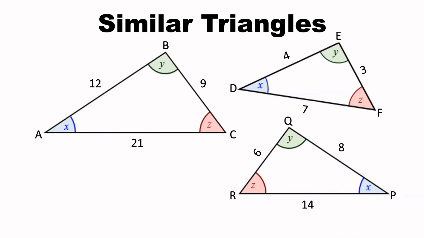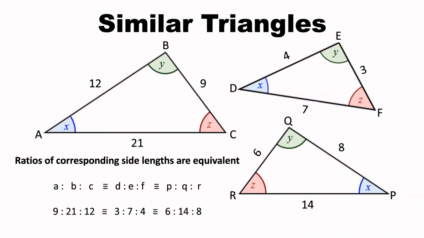Now let's focus on the side lengths. Look at these similar triangles now. You can see that they all have the same angle measures x, y, z, but they all have different side length measures. The important thing about similar triangles is that the ratios of the corresponding side lengths are equivalent. So for example, in triangle ABC, I've got side length A, which is 9, side length B, which is 21, and side length C, which is 12.